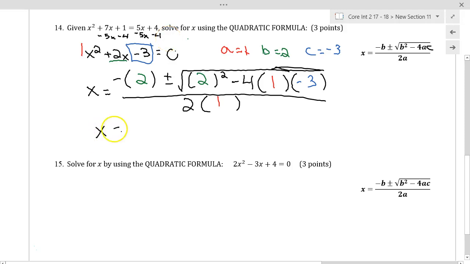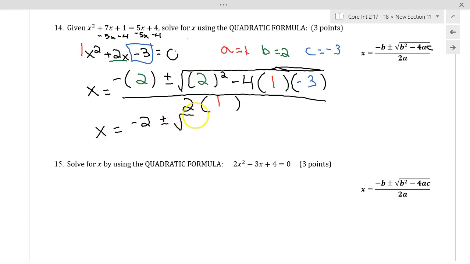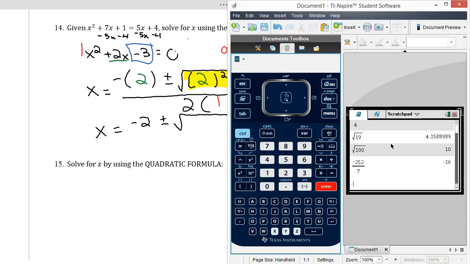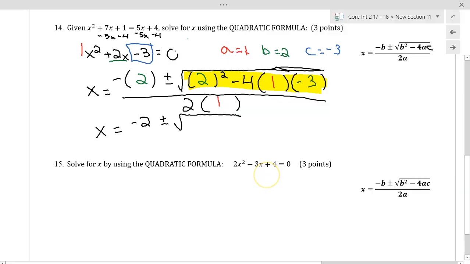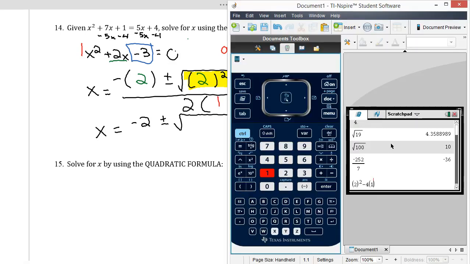So, x equals, well this is going to be negative 2 plus or minus the square root of, remember this whole thing, I'm just going to type in my calculator. Okay. So I have 2 squared, have your parentheses, minus 4 times, a was 1, and then negative 3.